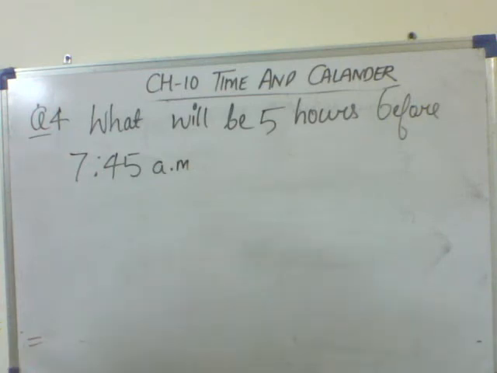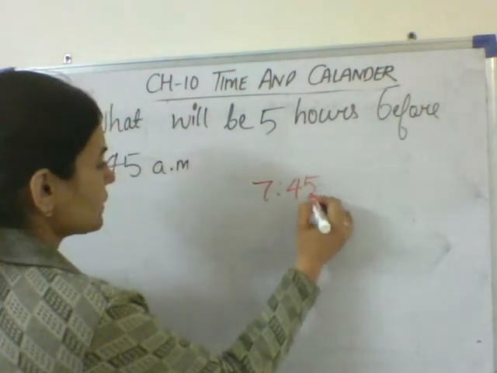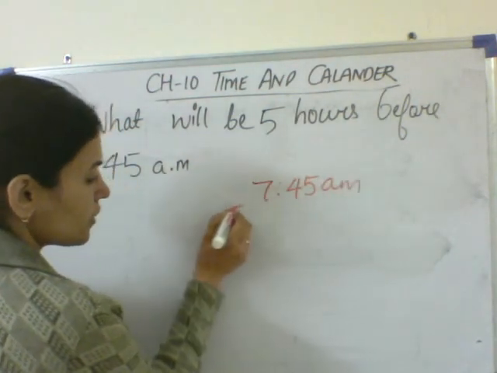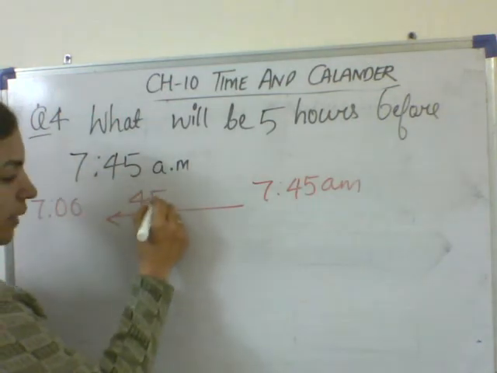So how will I solve this? From 7:45 a.m., now we have to do the reverse counting. 45 minutes gap is there.